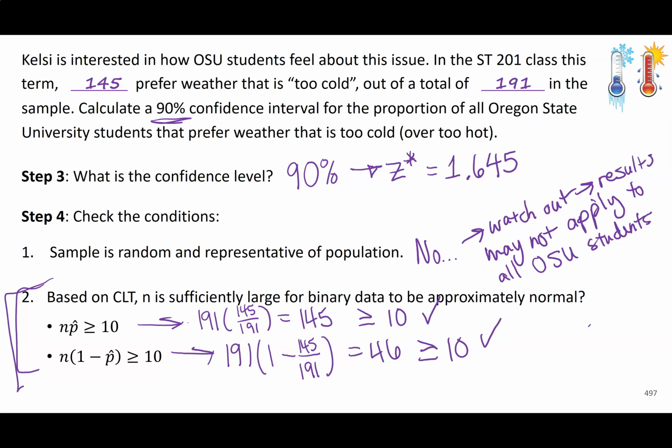So for confidence intervals, this one's super easy because you may not actually have to calculate n times p hat, because you can just say, oh, there are this many successes, and there are this many failures. And as long as they're both at least 10, you're good. So looking here, I would say definitely we have a big enough sample size. I would worry, though, about this sample being random and therefore representative of the population, because absolutely it was a convenience sample.